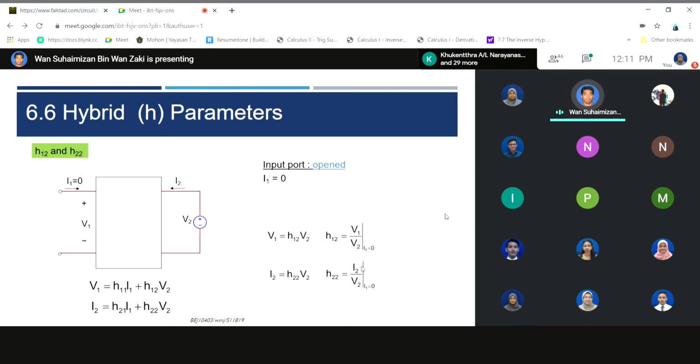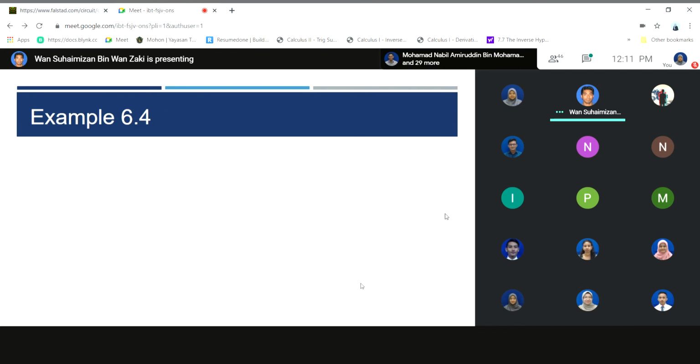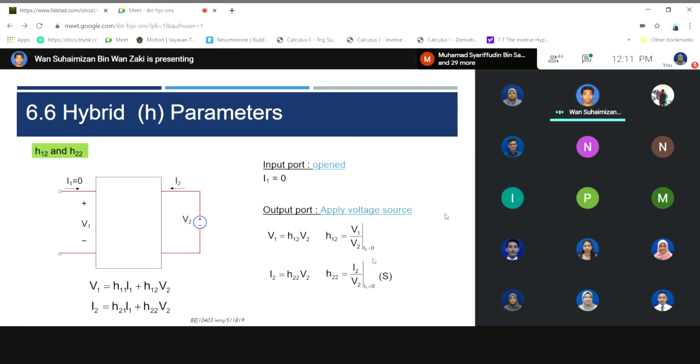H22 equals I2 over V2, with I1 equal to 0. The unit will be Siemens because it's the inverse of impedance, right?